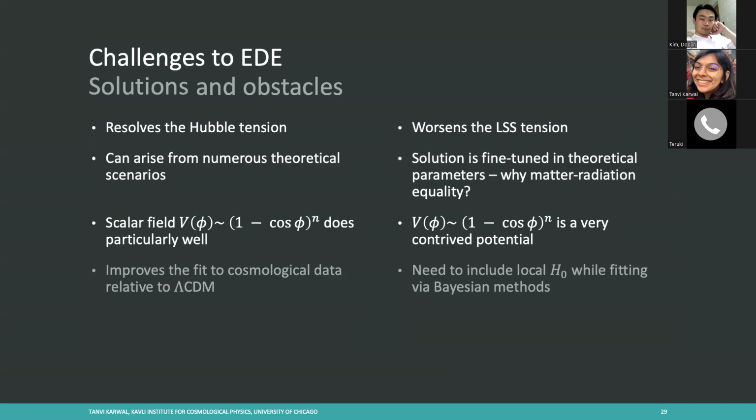So we've solved potentially one of these issues, but what about the others? For the others, we can still use early dark energy as a jumping off point. We already know we have a resolution to one tension from it. Maybe we can expand the early dark energy model to resolve the other things. And we can slightly change the model to deal with these fine-tuning effects as well.